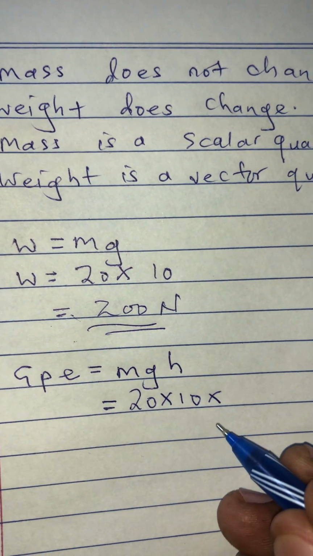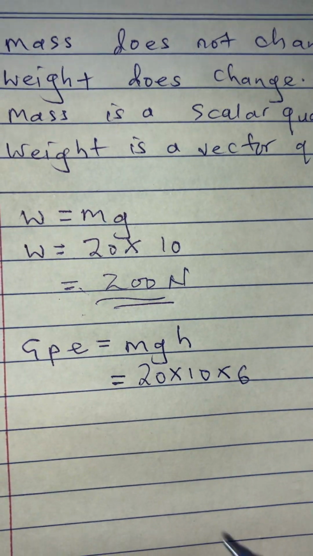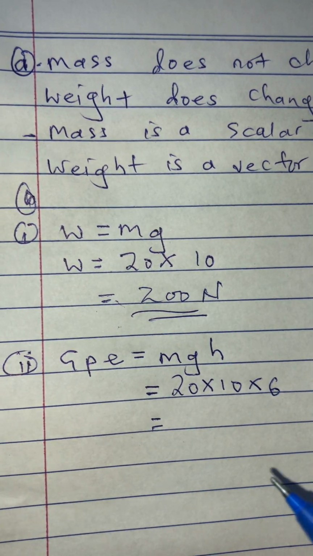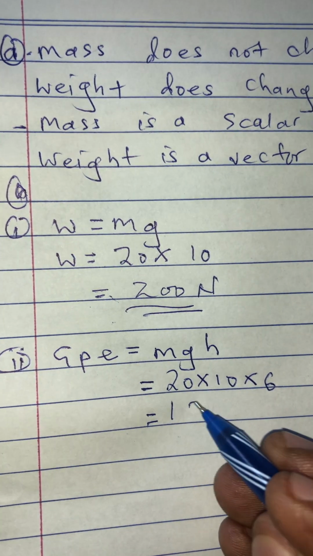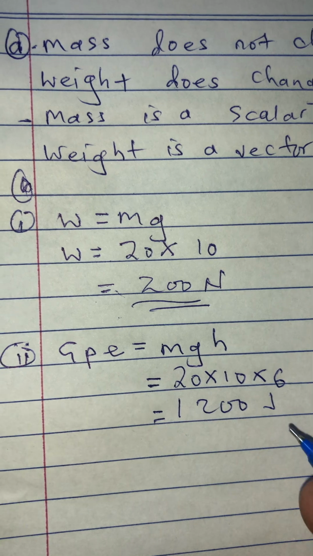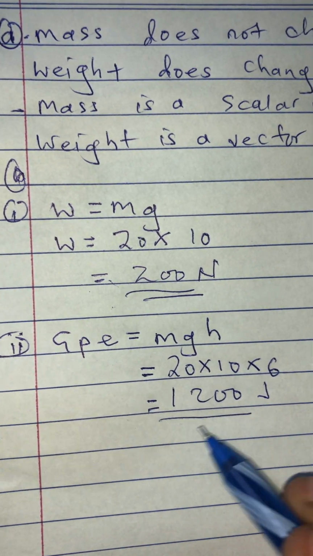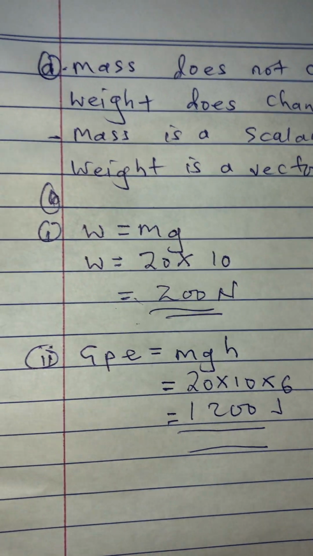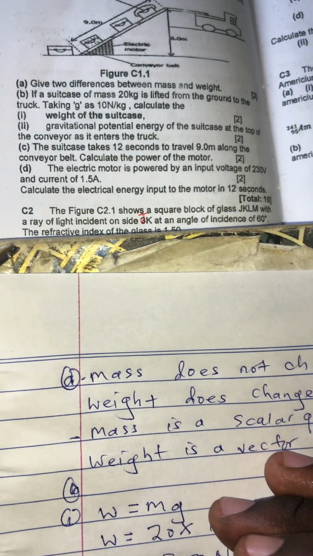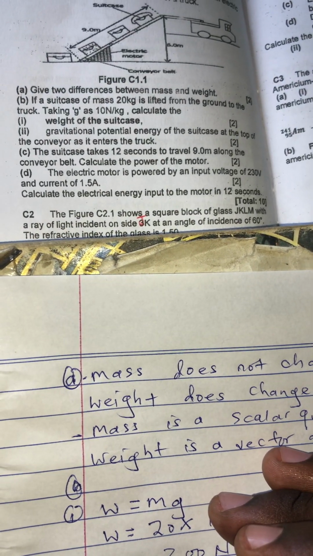Okay, so we're going to write 6 here. Okay, when you do your calculations, you're going to have 1200 joules. This is the gravitational potential energy. Okay, hope it's making sense. 2 marks. Let's go to C.